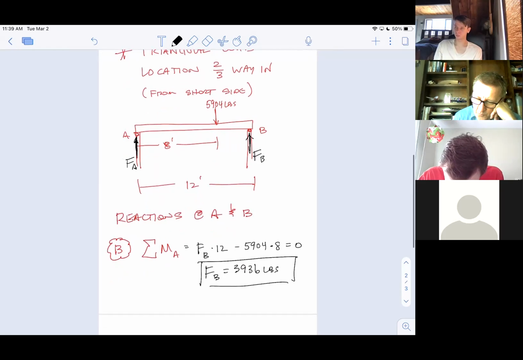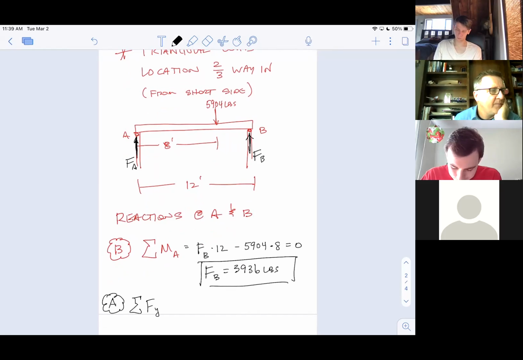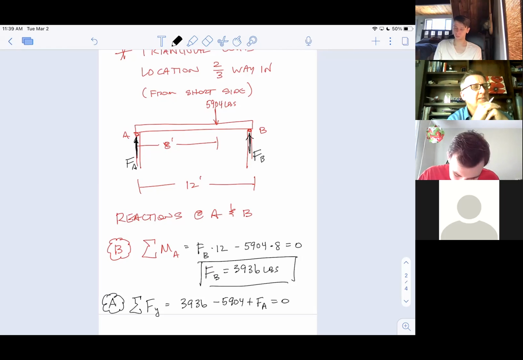Does it make sense if I wanted to get A, now that I know that one, I could just do the sum of the forces in Y to save myself a little trouble? Because obviously it would be true that with 3,936 pushing up and 5,904 pushing down, the force of A better push up to balance that.